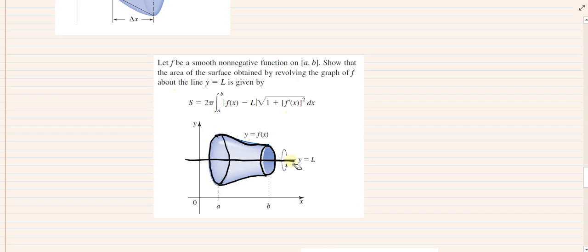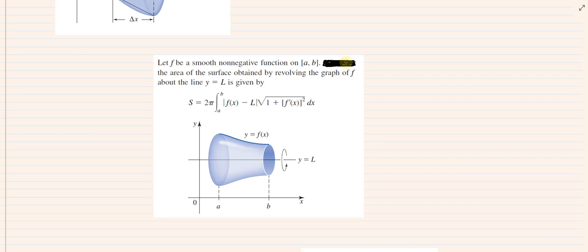Now this is an exercise in the book, but instead of showing that, we're just going to say that this is indeed a definition for us. So let f be a smooth non-negative function on a to b. The area of the surface obtained by revolving the graph of f about a line is given by this formula. So it is possible to revolve again about another line.